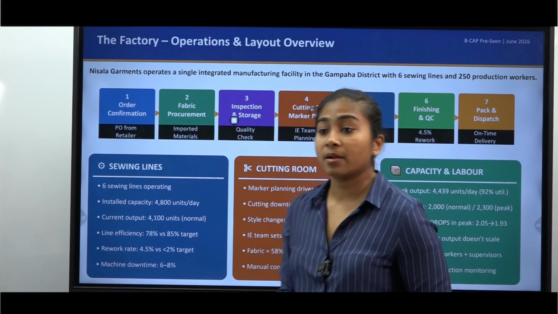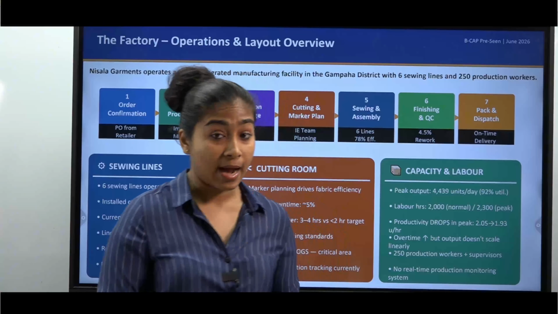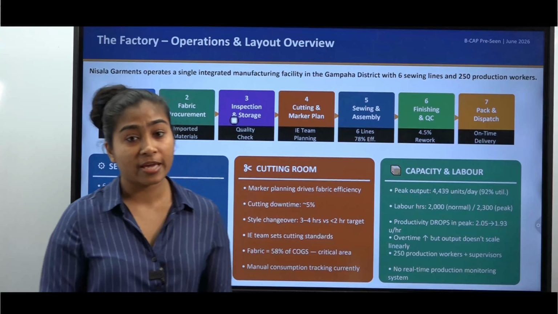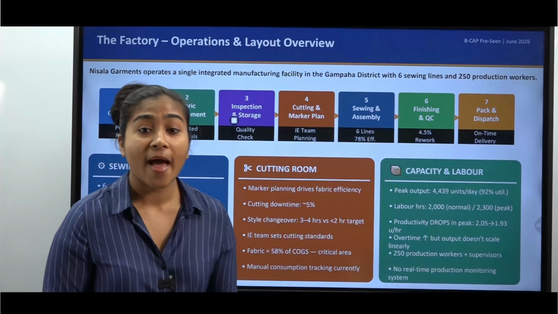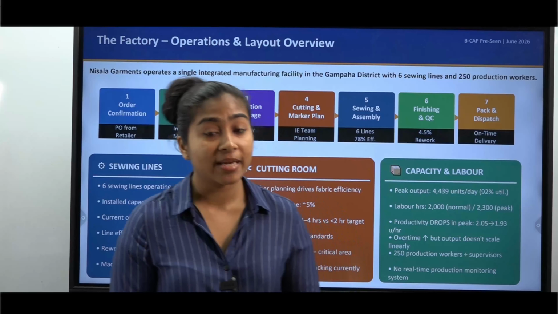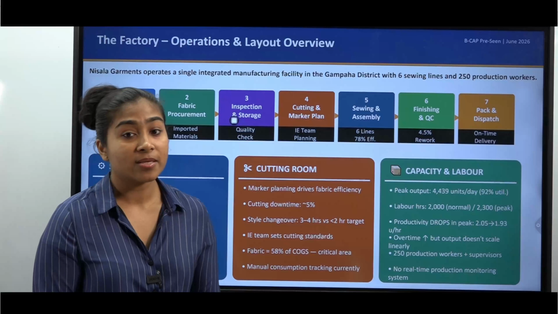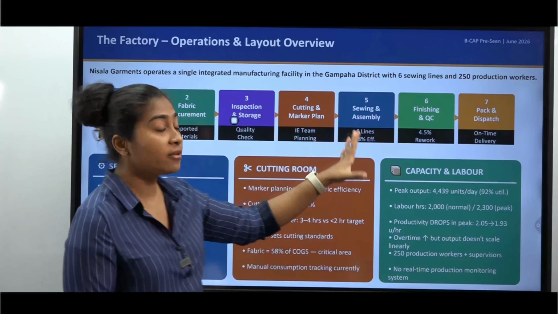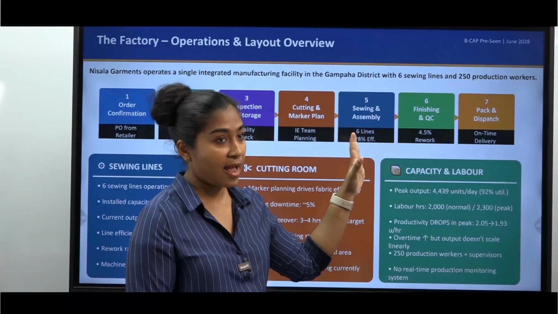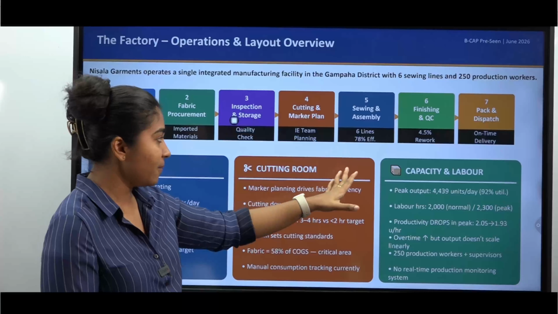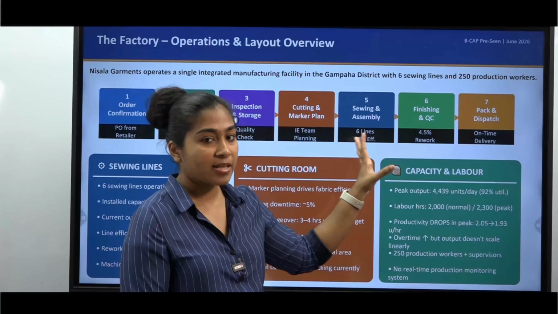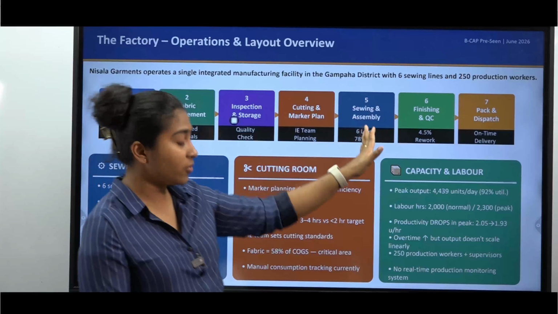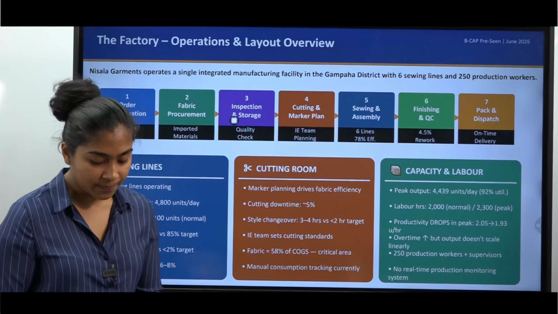Then after the necessary pieces have been cut, we move into sewing and assembly. This is the important part of the shop floor, where the cut pieces of fabric are sewn into the final garment. There are many more operations here, but for the time being we'll look at it as one part of the process, where the cut pieces go through the sewing and assembly line.